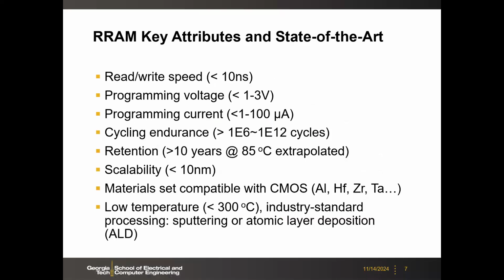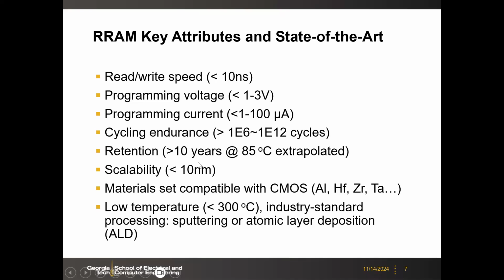So here are the key attributes of the RRAM. The read speed could be as low as 10 nanoseconds. Programming voltage is typically up to 3 volts. Programming current, let's say tens of microamps to 100 microamps. Cycling endurance varies, from 1e6 to 1e12, let's say million to trillion cycles.